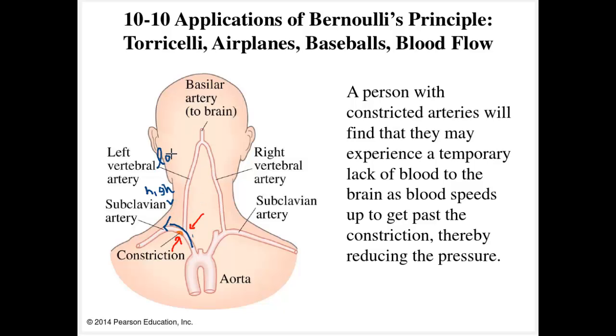What that means is we're also going to have a low pressure on this side of the brain. On this side we're going to have a higher pressure, or at least normal pressure. What that means is we're going to be pulling blood straight back down and essentially away from the brain, and in general, taking blood away from the brain is not a good thing.